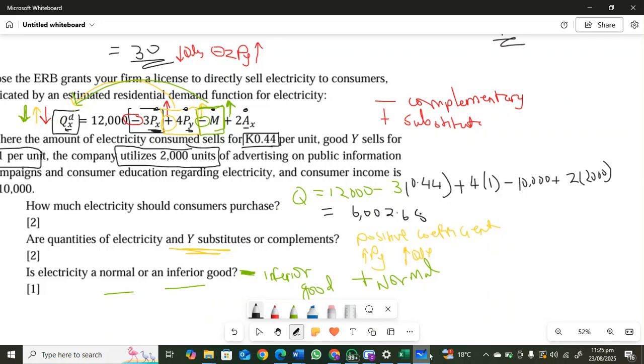Are we all getting this value? If you are not, you can tell me what value you are getting. Just see, you have confirmed 6,002.68.